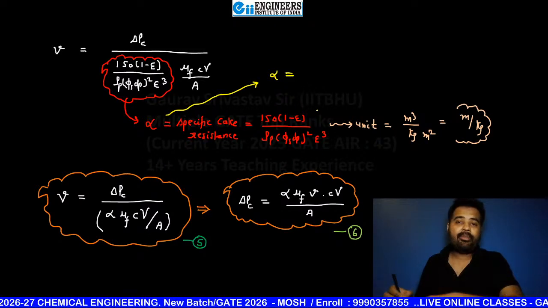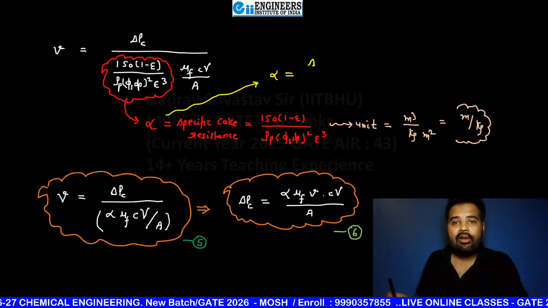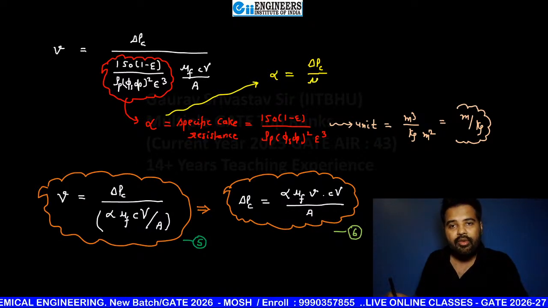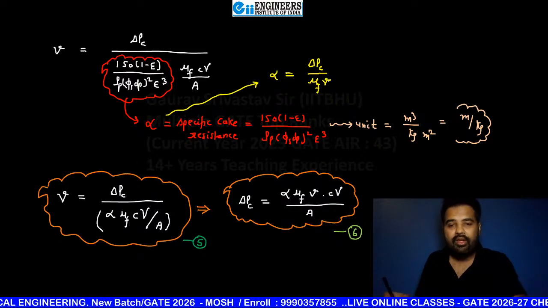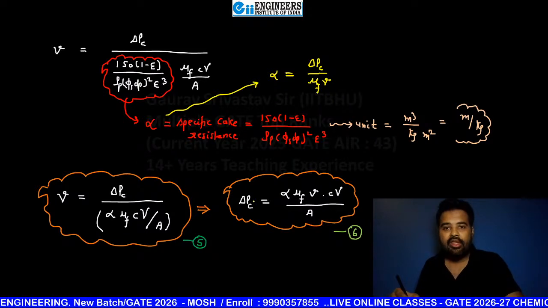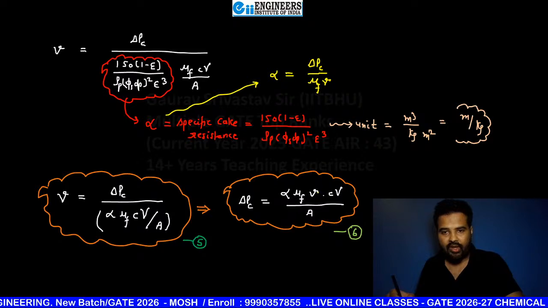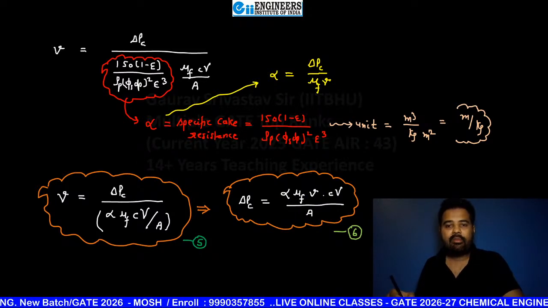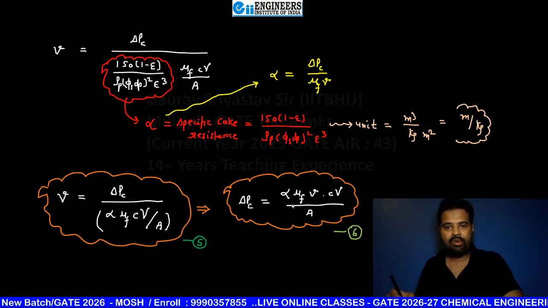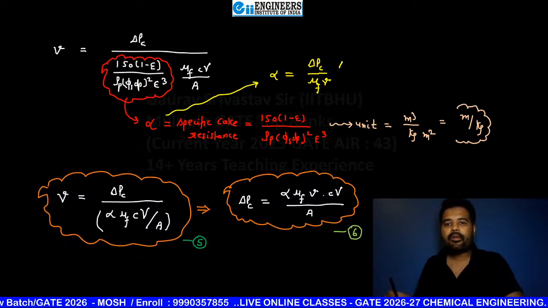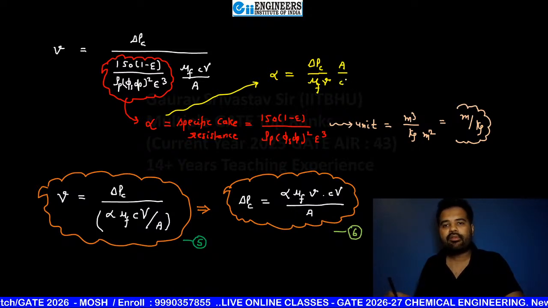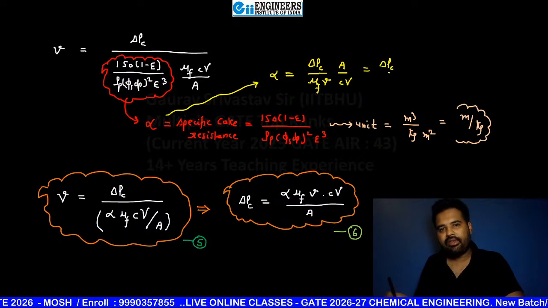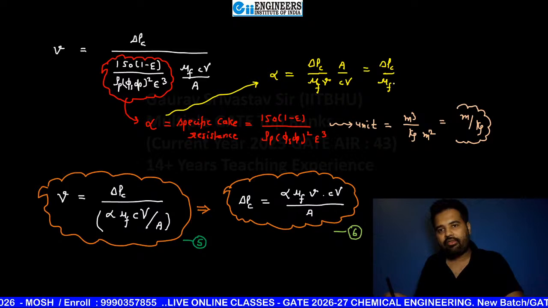So alpha is equal to delta PC upon mu V, then A by Cv. Further, in short form, you can write delta PC upon mu V, A by Cv.